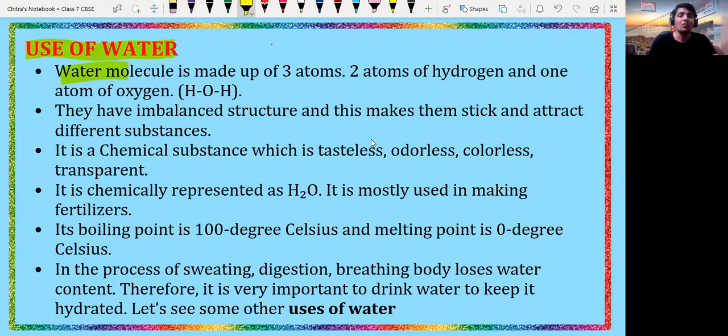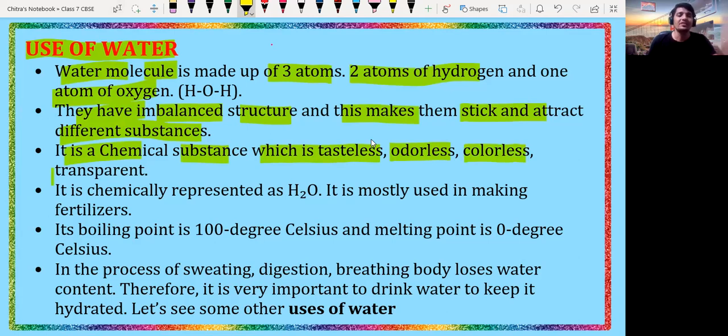A water molecule is made up of three atoms: two atoms of hydrogen and one atom of oxygen. We have already gone through that. They have an imbalanced structure, and this makes them stick to and attract different substances. Water is a chemical substance which is tasteless, meaning there is no taste, odorless, meaning there is no smell, and colorless, meaning there is no color.